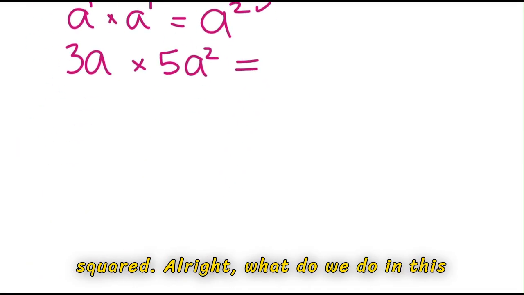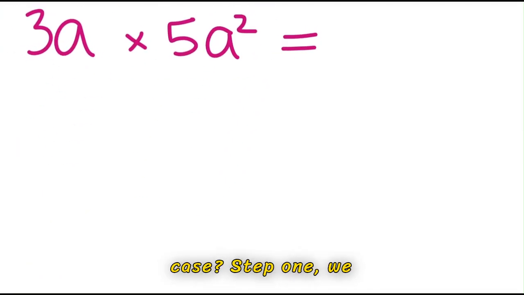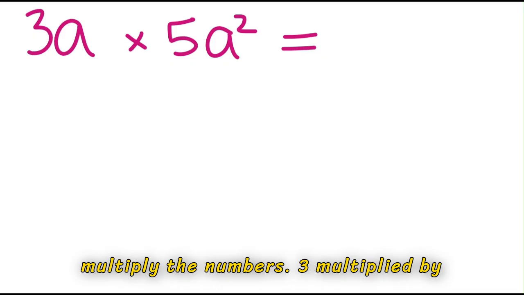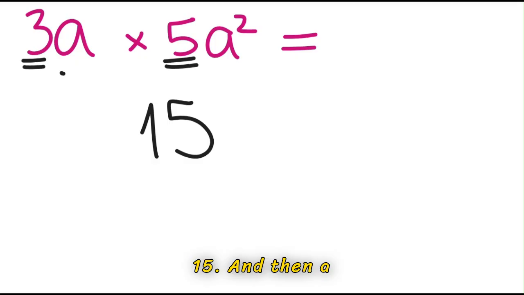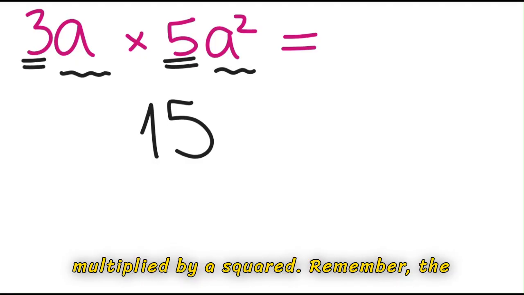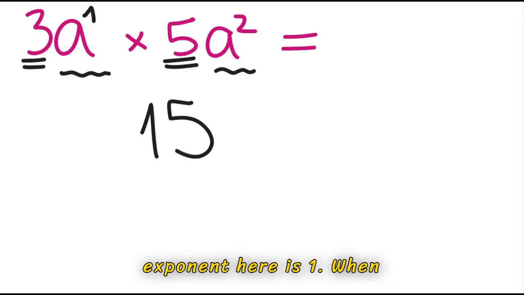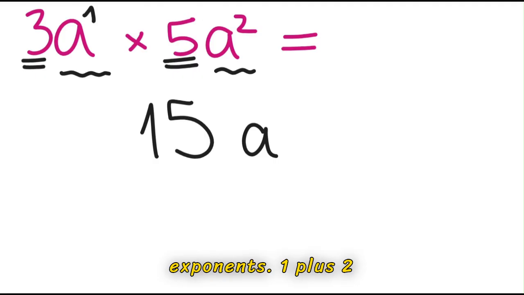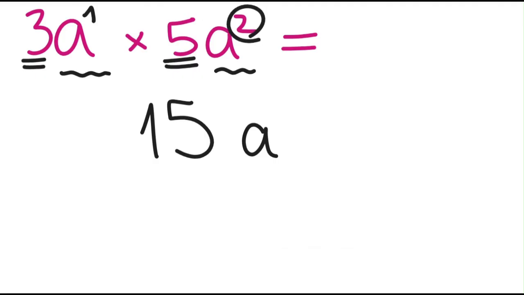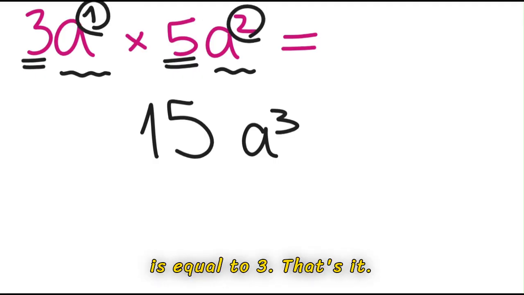Alright, what do we do in this case? Step 1, we multiply the numbers. 3 multiplied by 5 is equal to 15. And then A multiplied by A squared. Remember, the exponent here is 1. When it's multiplication, we only add the exponents. 1 plus 2 is equal to 3. That's it.